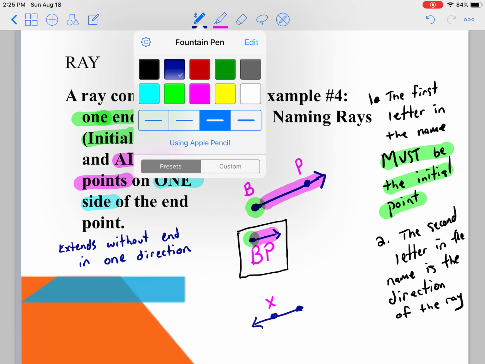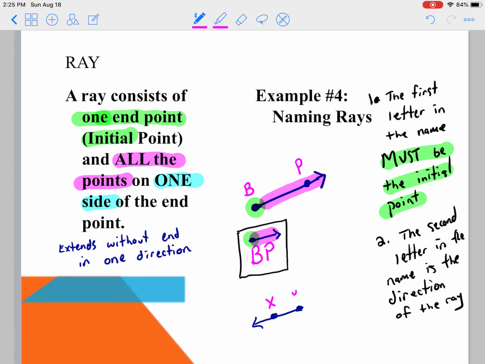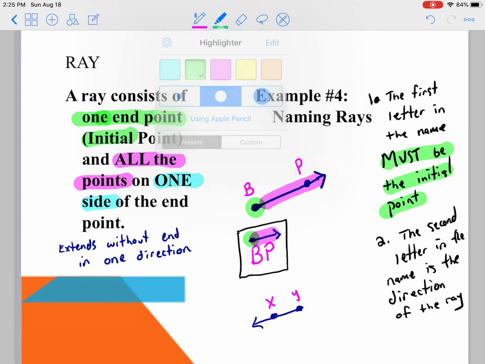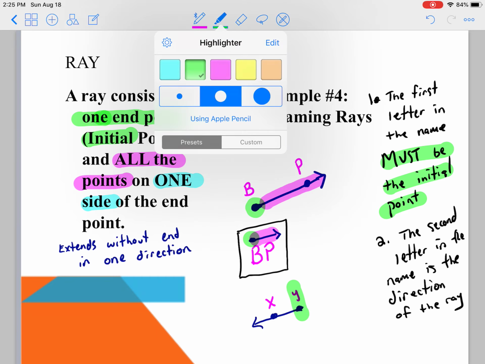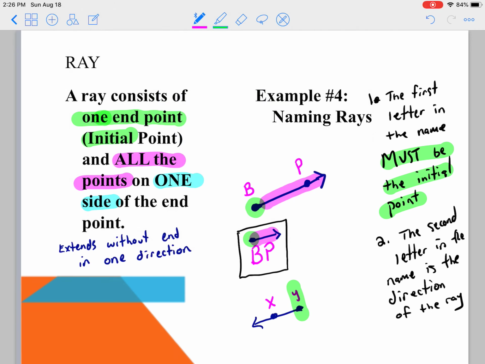My initial point is still Y, because that is where the ray begins, at the endpoint. And so when I write the name, I will write the Y first, because it has to be the first letter. My endpoint must be the initial point. My initial point must be the first letter. And then it's moving in the direction of X.